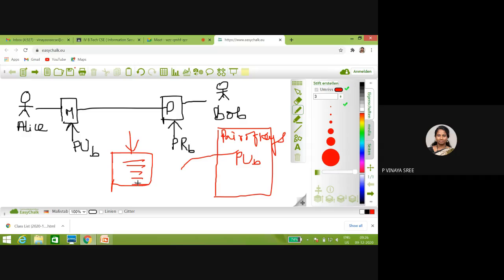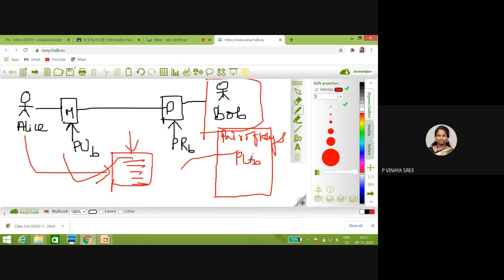Everyone's public key will be shared there. Whoever wants to communicate with Bob will check this directory, take the public key of Bob, and encrypt with it. So here the main concentration is the receiver. The receiver has to broadcast its public key and the private key has to be secure.